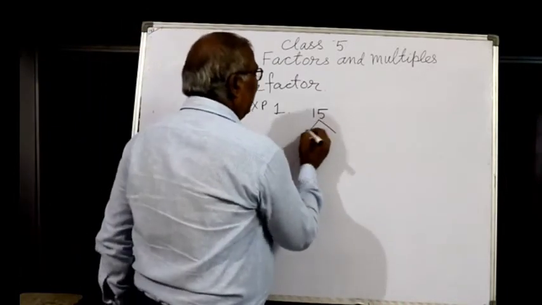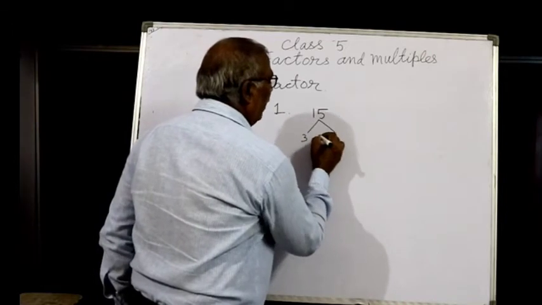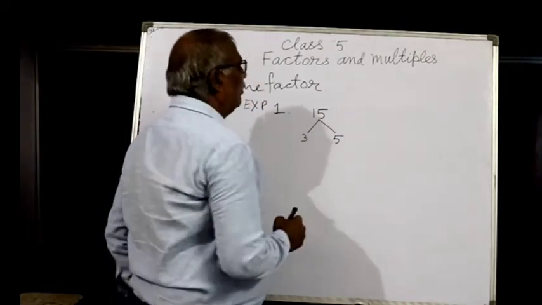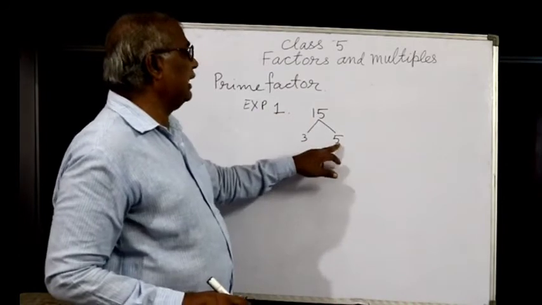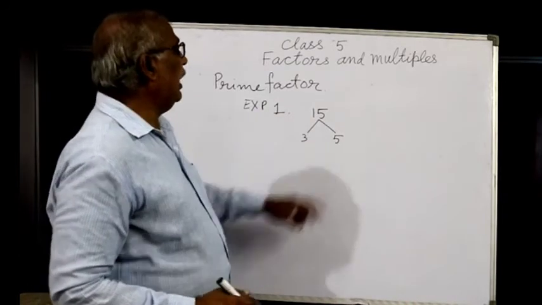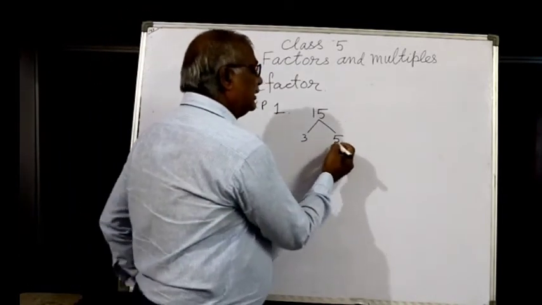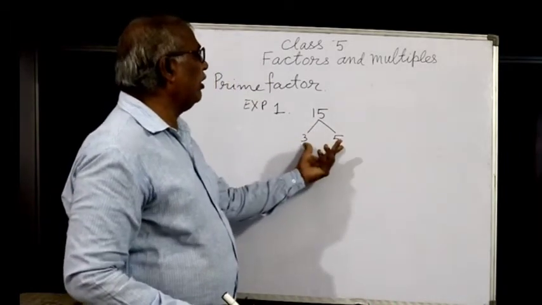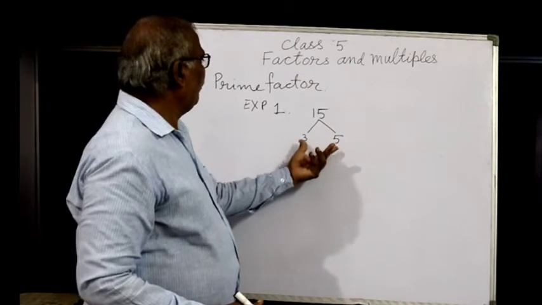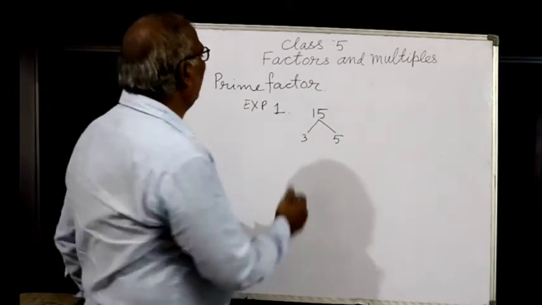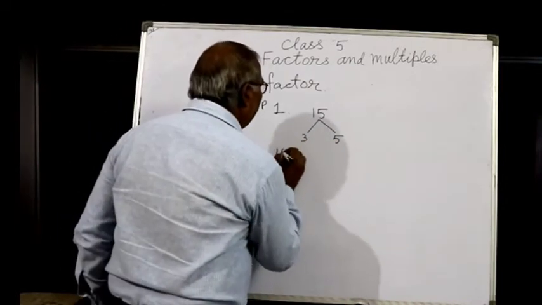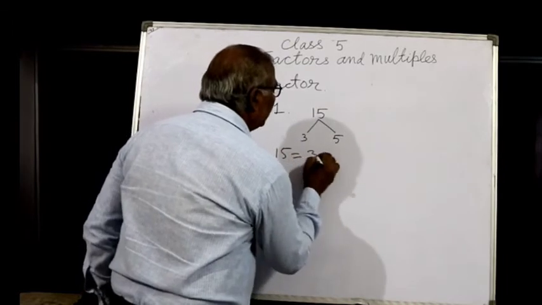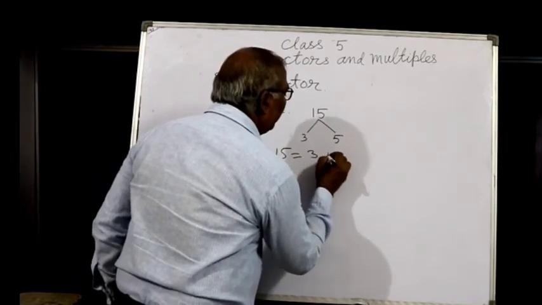It is divisible by 3, 3 into 5. First factor is 3, second factor is 5, and 5 is a prime number. It is divisible by 5 and 1, so it cannot be factorized further. So prime factors of 15 are 3, 5.